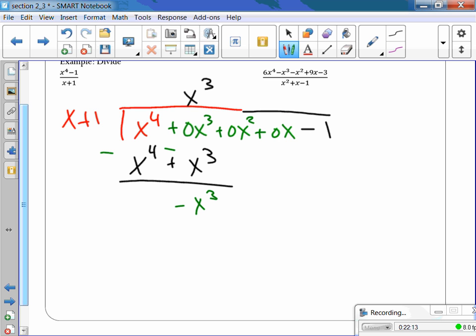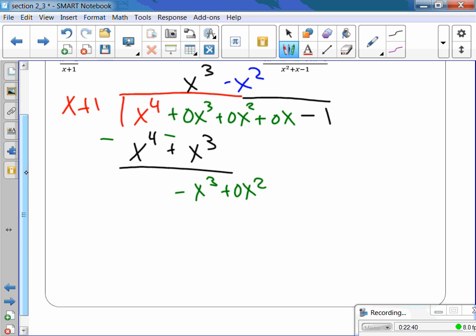So from here, we just continue on. Or I should say, Ethan will continue on. What do we do next? Positive or negative? Negative. Because we want it to be identical to this. So negative x squared, giving us what? Negative x squared plus x cubed, plus x squared minus x squared.